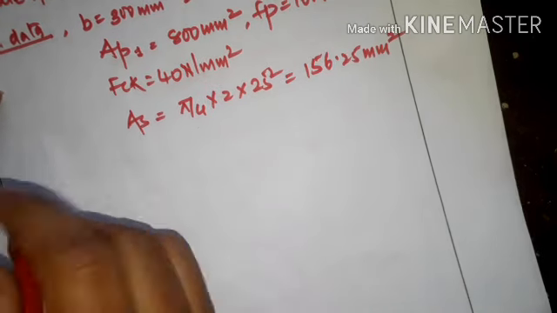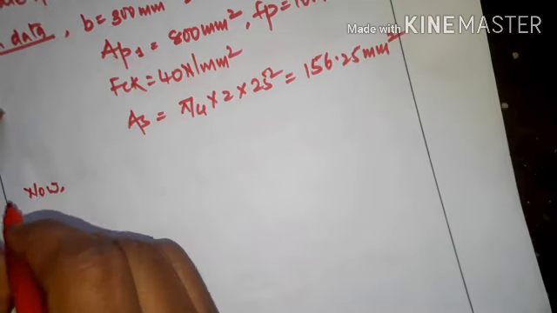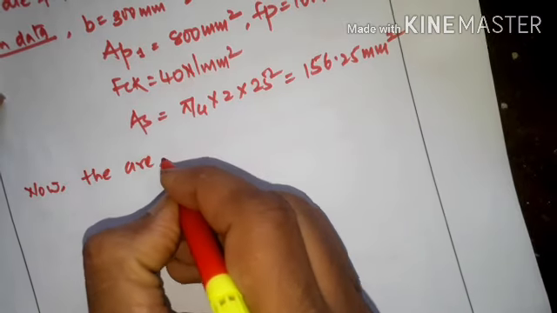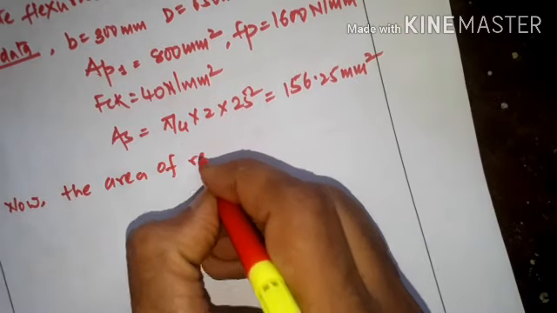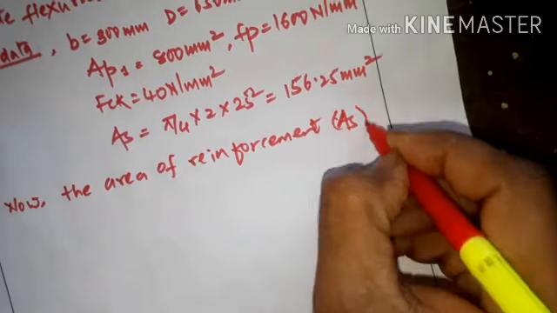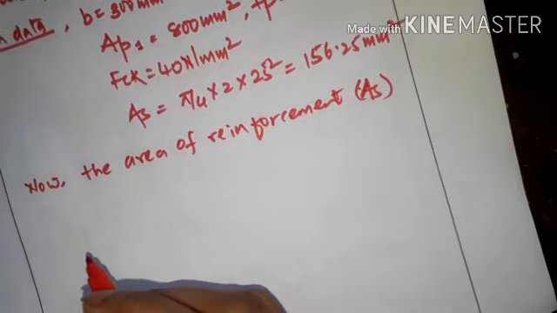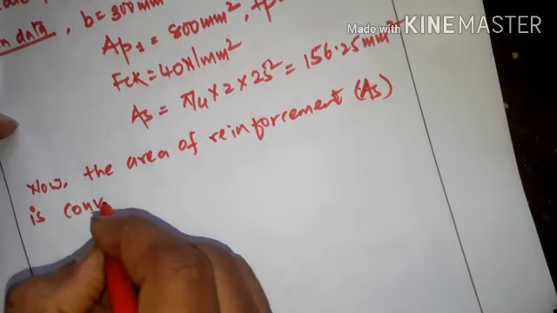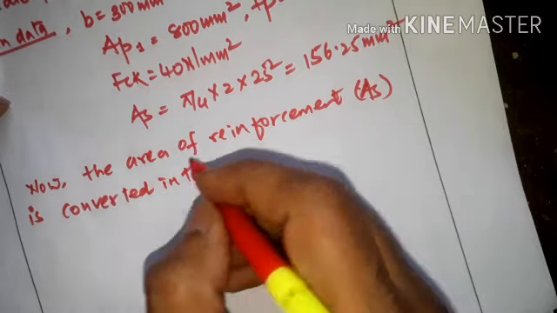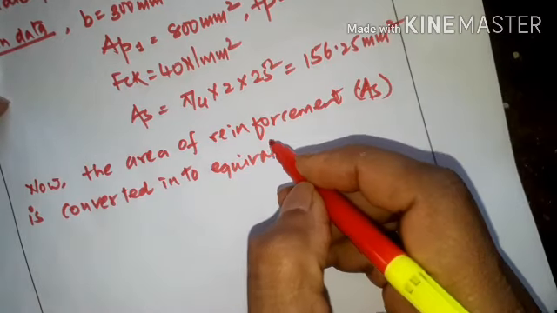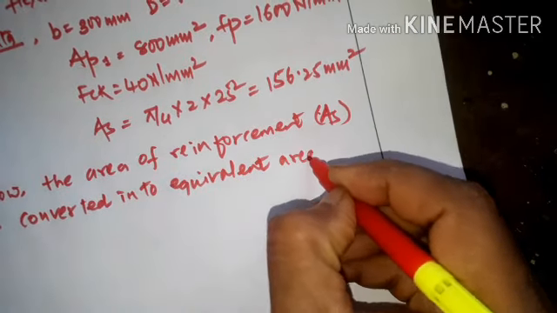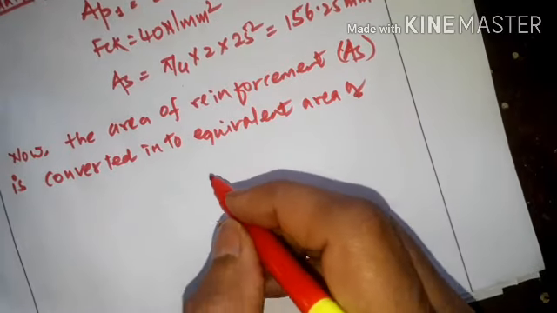So now the area of reinforcement As is converted into equivalent area of high tensile steel.